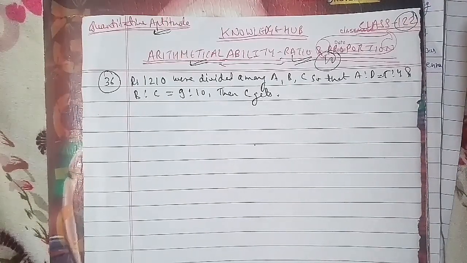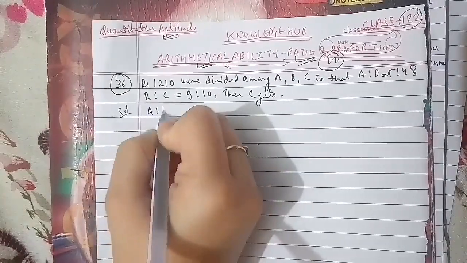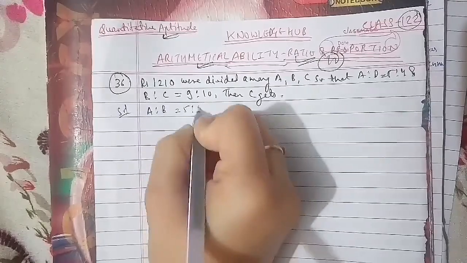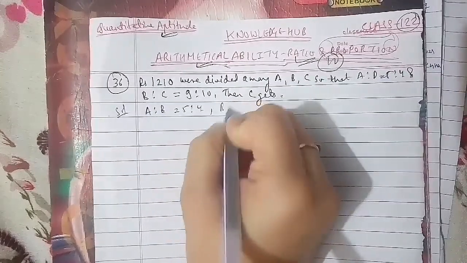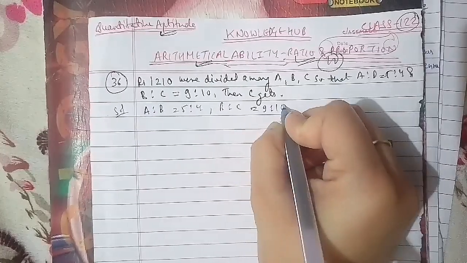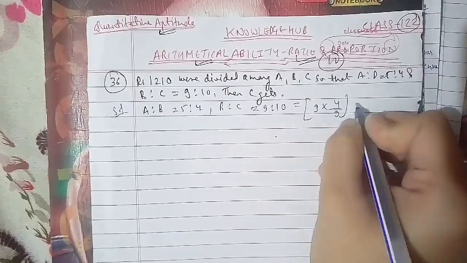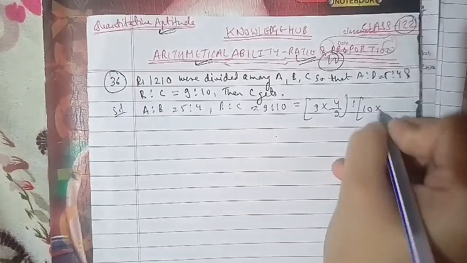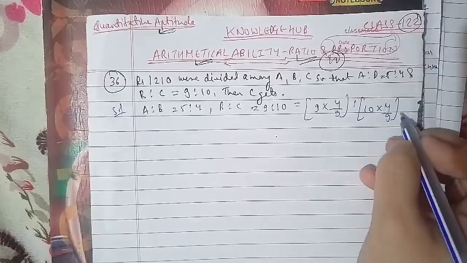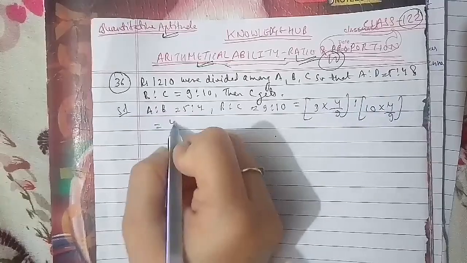Okay, so the question is 36. A ratio B equals 5 ratio 4, B ratio C equals 9 ratio 10. Making B equal to 4, that is 9 into 4 upon 9 ratio 10 into 4 upon 9, which equals 4 ratio 40 upon 9.